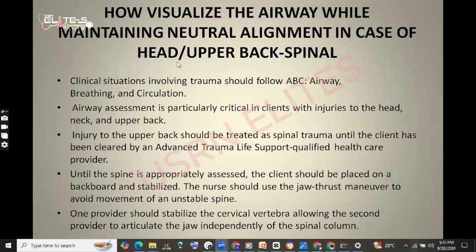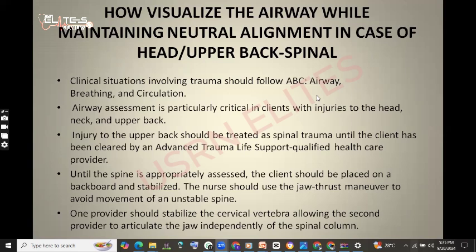Legal situations involving trauma should follow your ABC route. We have CAB, which starts with circulation, airway, then breathing. But CAB should only be encouraged in cardiac resuscitation.